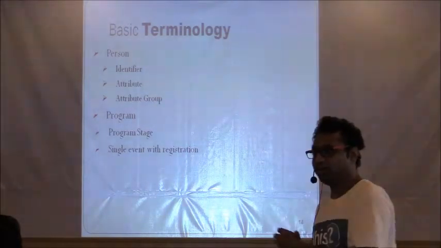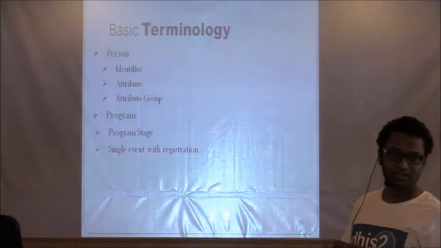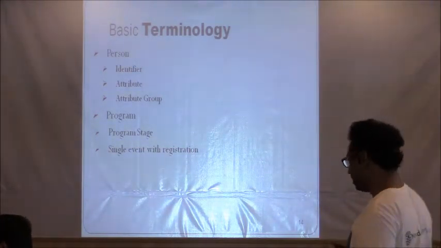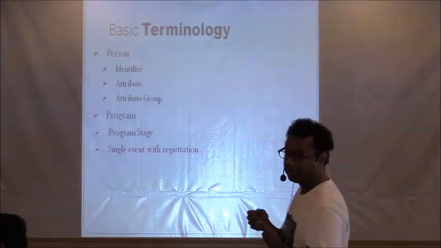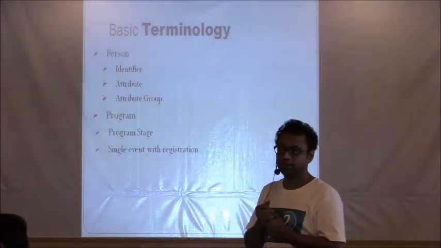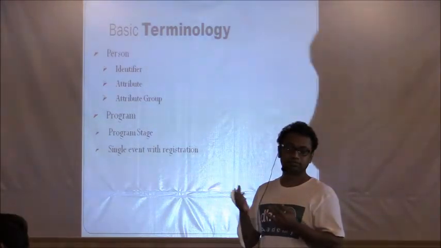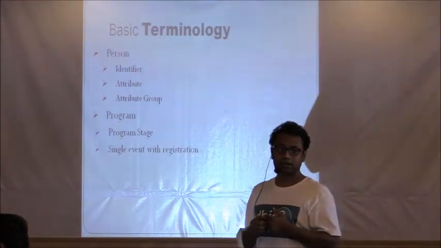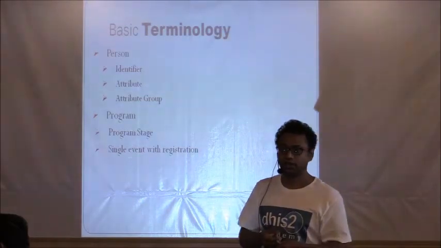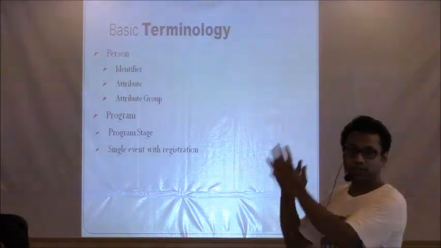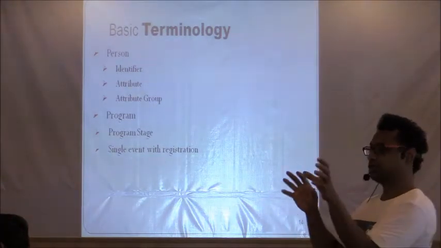And then an attribute is something about the person. It can be gender, date of birth, telephone number, email address, contact details, where they live, all those things which describe a particular person's characteristics.